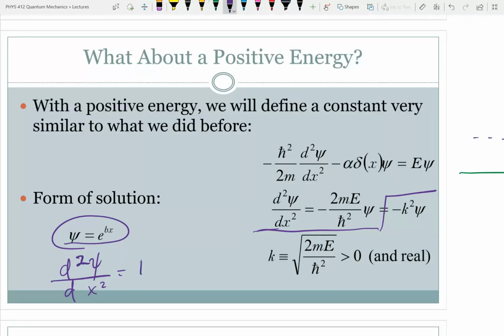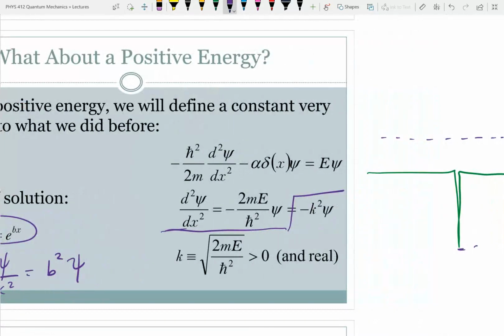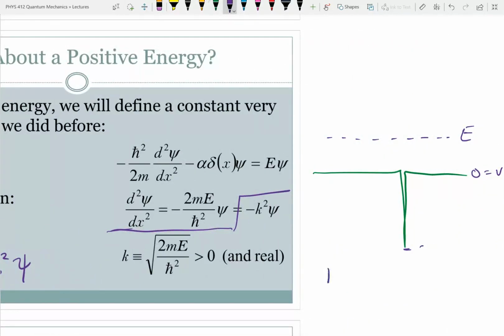B squared psi is the quicker way of writing it. So plugging that into my Schrodinger equation, I have b squared psi equals minus k squared psi.